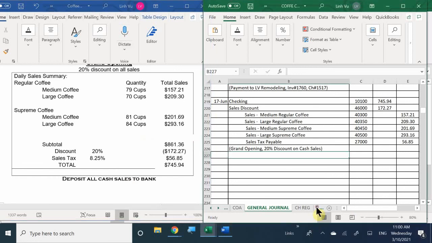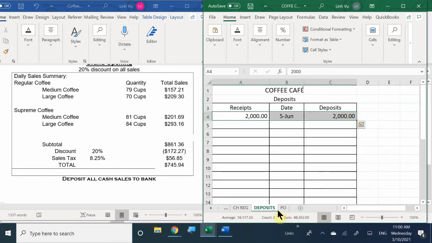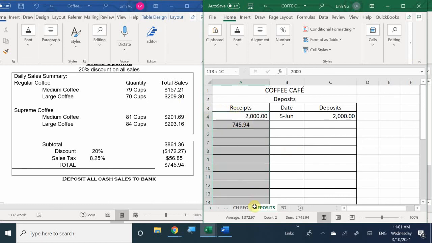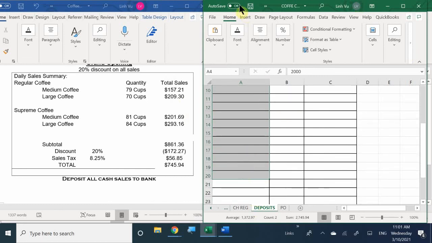Okay, so how much cash am I supposed to be receiving? Or how much cash did I actually receive? $745.94. 745.94. So that's correct. Now in this case, because we have it in cash, we can go ahead and deposit it immediately.